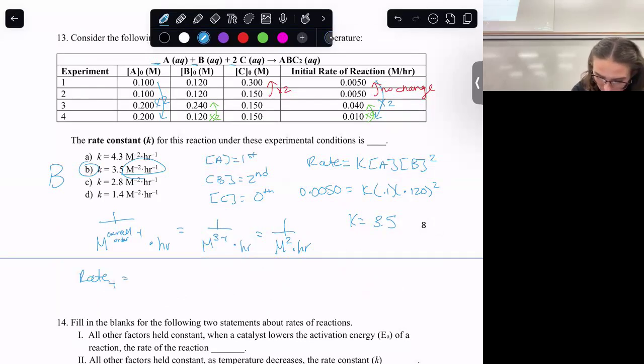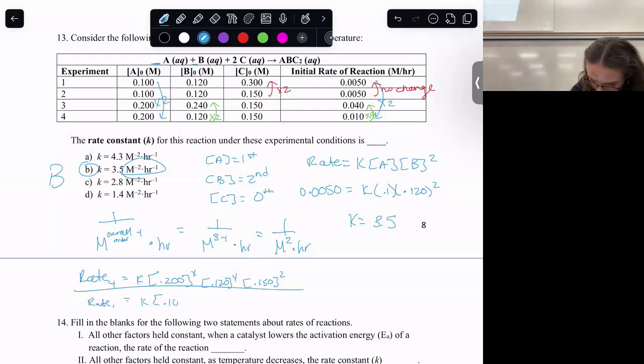The rate of 4 is equal to K times 0.20 to the X times 0.12 to the Y times 0.15 to the Z, over the rate of 1, which is equal to K times 0.1 to the X times 0.12 to the Y. Sorry, we should have used this one.